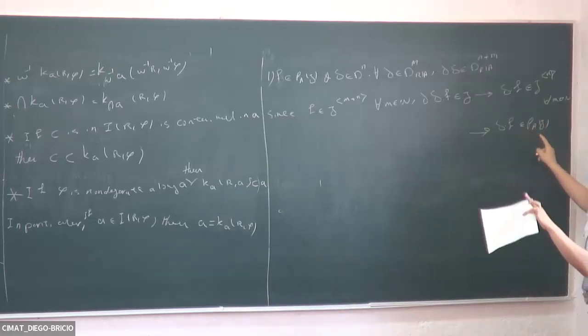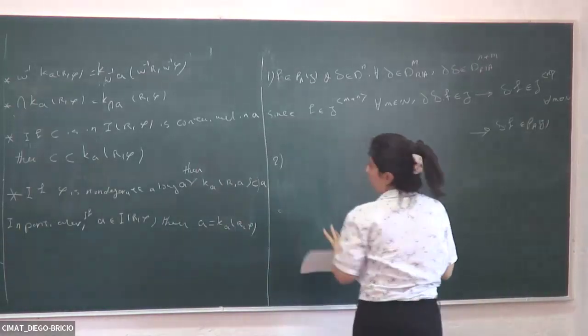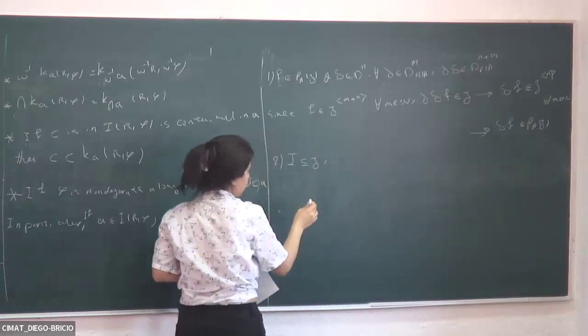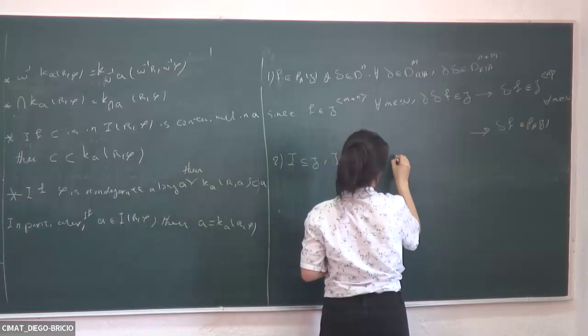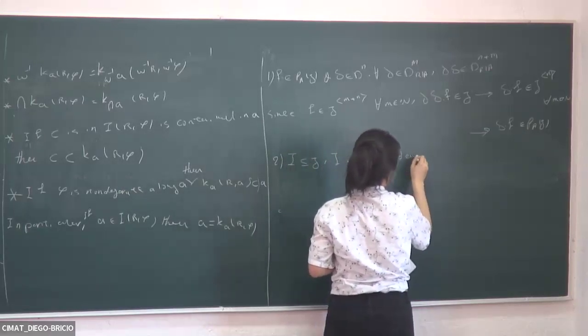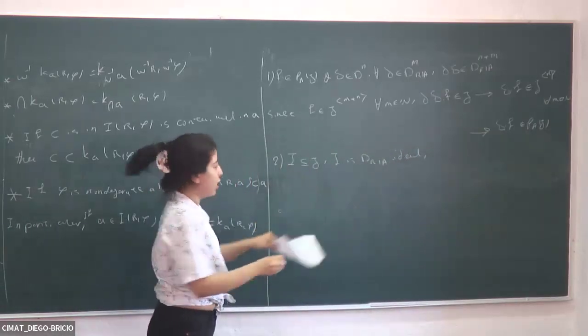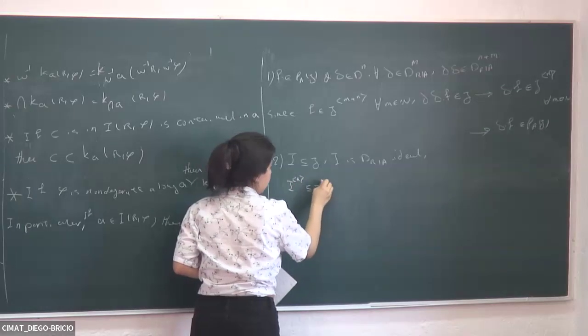So we can see that differential core is the D ideal. For the second part, we assume that I is a power of J, is a subset of J, and I is a P R over R ideal. I said that if I is a subset of J, then I^n is a subset of J^n.